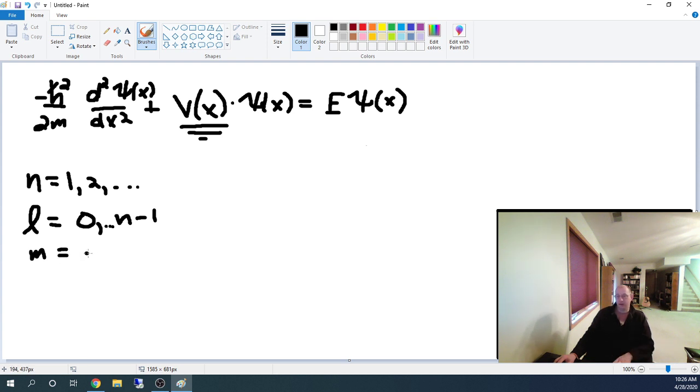Its boundary conditions are that it must be all integers between negative L and positive L. So these are the quantum numbers that are associated with any electron in the hydrogen atom. n always starts at 1, which means that L must be 0 if n is equal to 1. And then m must be 0 as well, because negative 0 is 0. So there's only one value. So the 1, 0, 0 state of hydrogen is the lowest possible energy state.